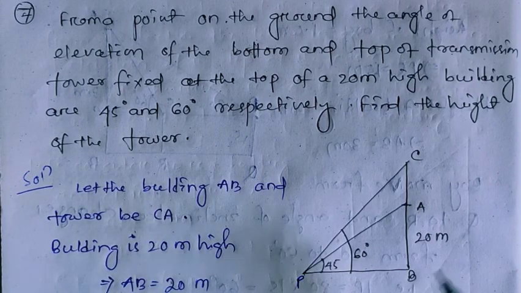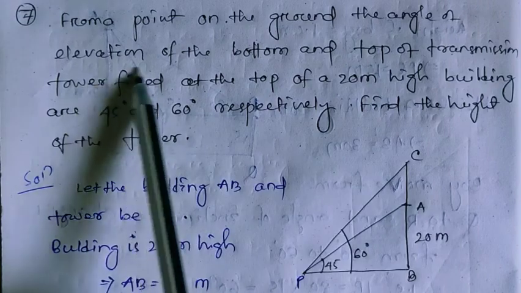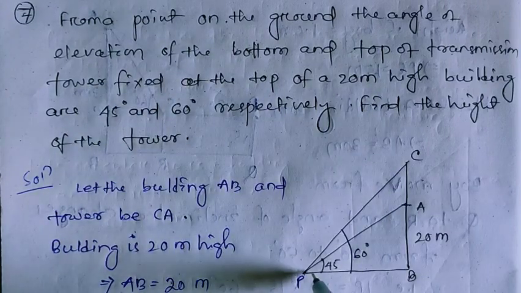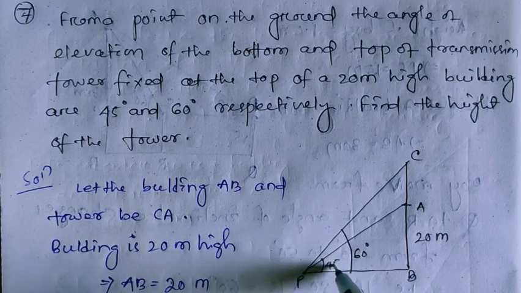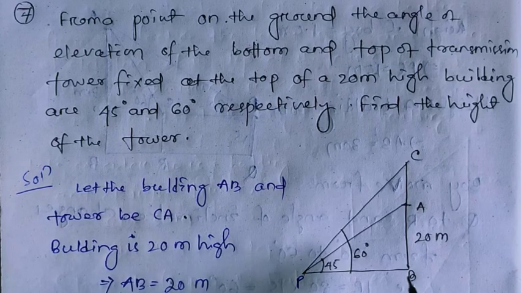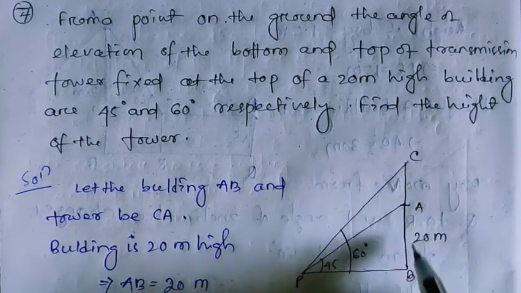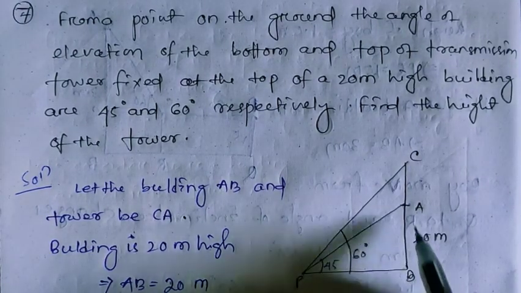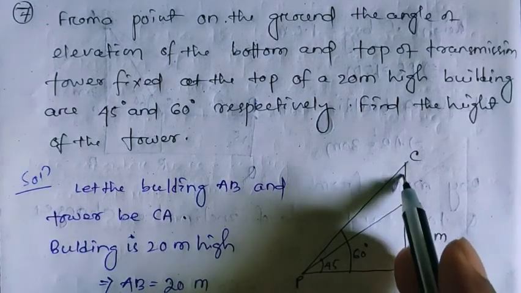Here it is given that from a point on the ground, here it is a point P, the angle of elevation to a tower fixed on a high building. Let us consider AB is a building and AC is a tower on it.